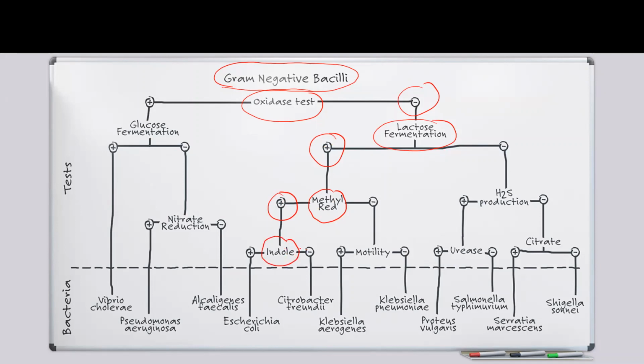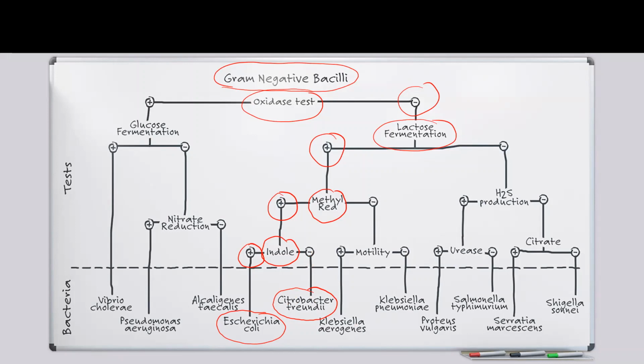And if it is positive, then you will be sure that the bacteria is Escherichia coli or E. coli. If it is negative, then the bacteria will be Citrobacter freundii. So this is how to use this dichotomous key.